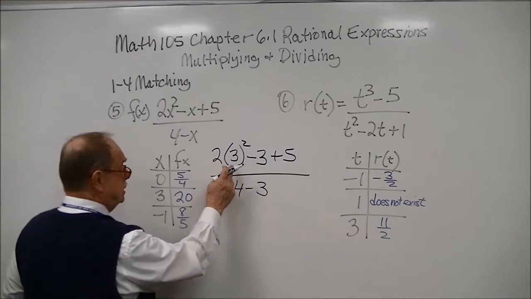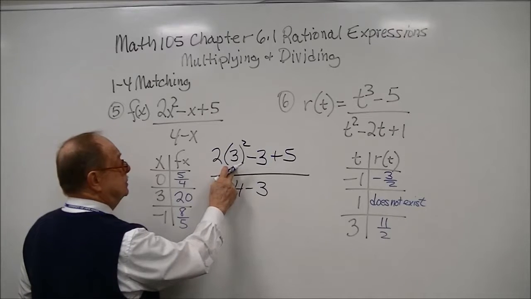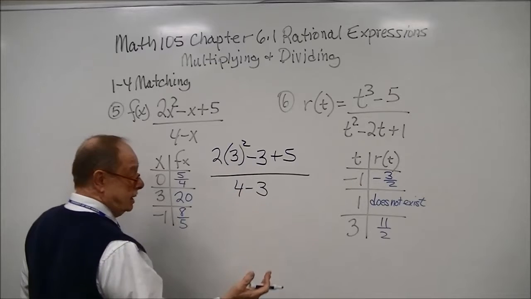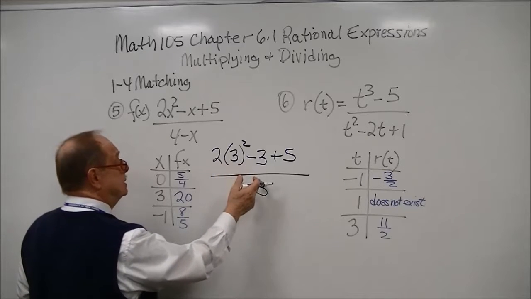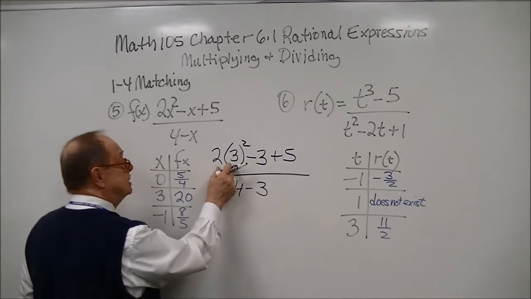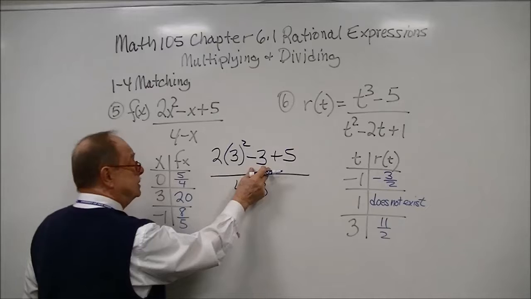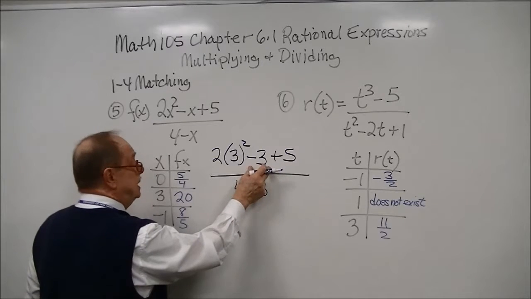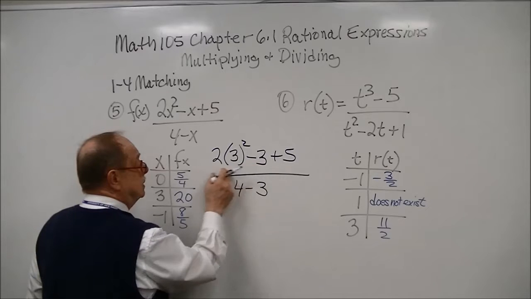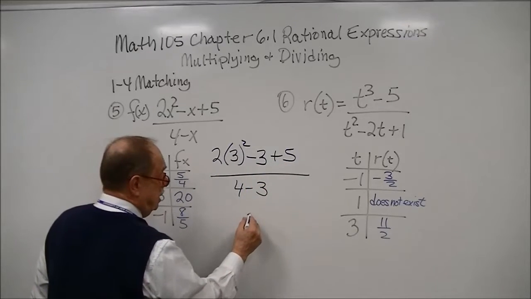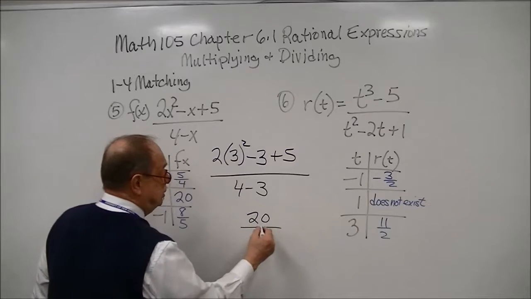So the first thing they want us to do is to square the 3, which will be 9. So 3 times 3 is 9. 2 times 9 is 18. 18 minus 3 is 15. So far we have 15 plus 5. Our numerator is going to be 20.